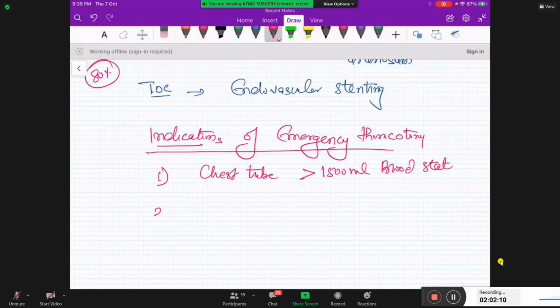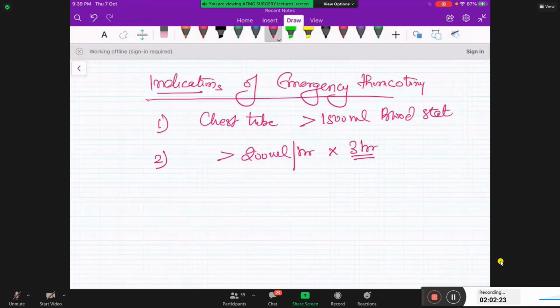Second, more than 200 ml output from a chest tube per hour for 3 consecutive hours. More than 200 ml output of blood coming from a chest tube for 3 consecutive hours.